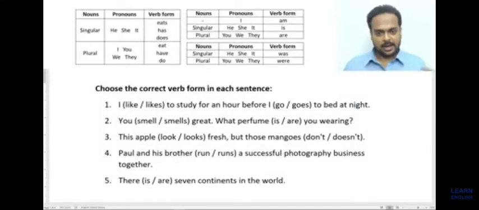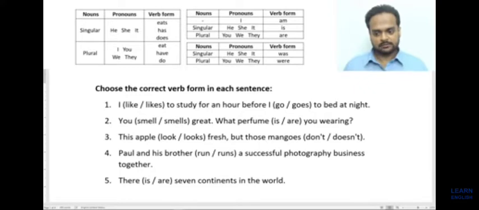All right, you see that I have a few tables over on that side that show you all the rules for subject-verb agreement that we have discussed. The first table is for verbs in general, and the second two tables are for the verb be, first for present and then for the past tense. Now, I have a total of 17 sentences for us to practice with.